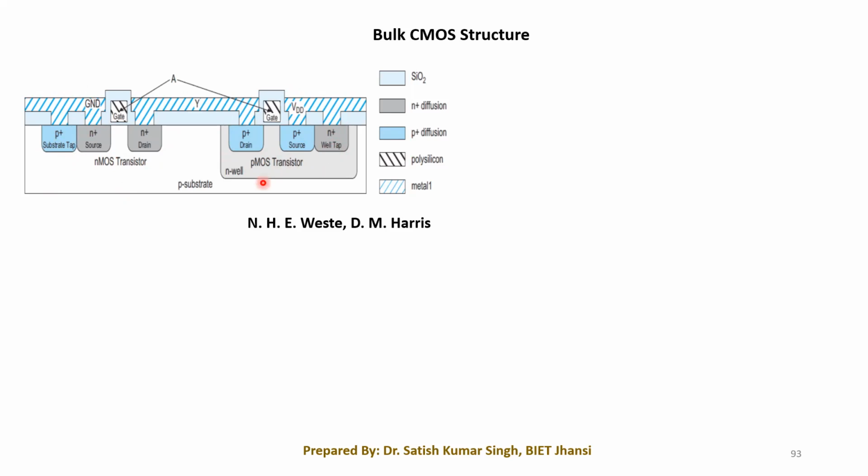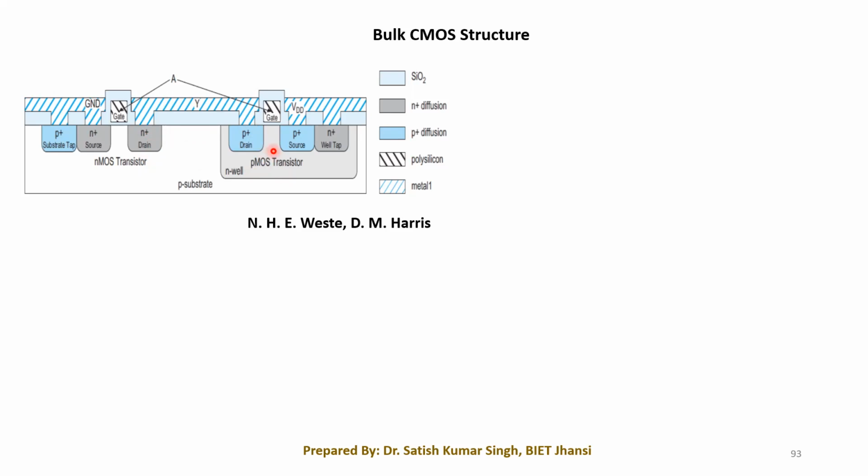But now we can see in another picture that even after making this type of structure, these two MOSFETs are not electrically isolated. There is a chance that a certain parasitic component may exist because of this structure itself.